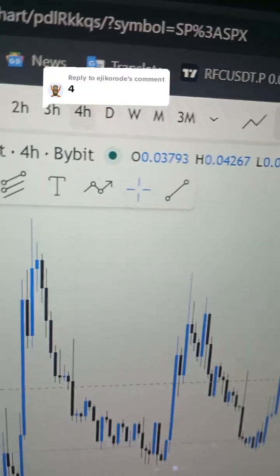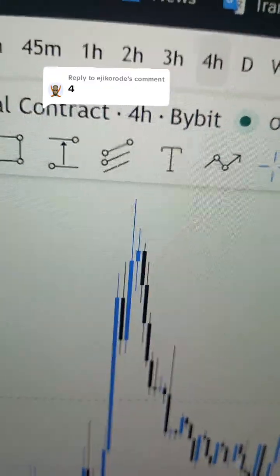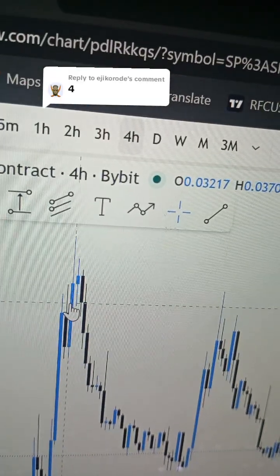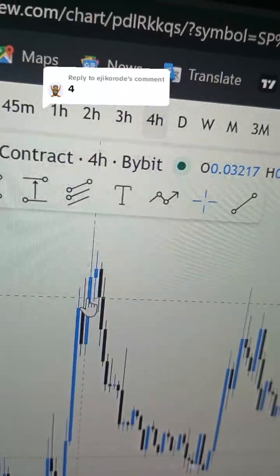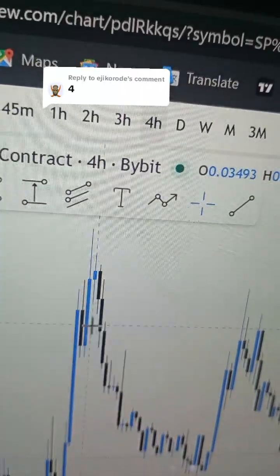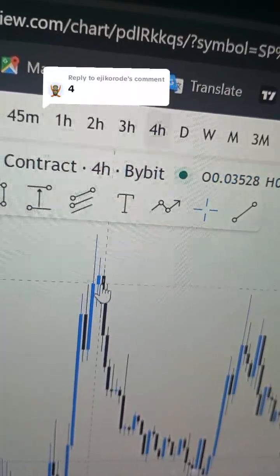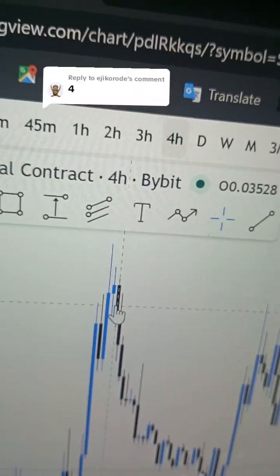Alright, let me also give you guys more examples. Take a look at this one right here. If you see this order block, some people will say that it has been mitigated. So this is the order block. What did the price do? Price came into this zone and traded into this order block, and a lot of people will be like, this has been mitigated.